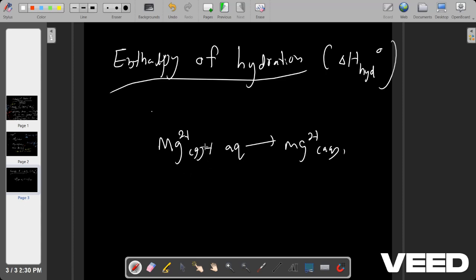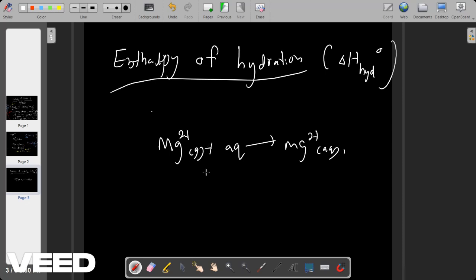What about the state here? The state of the reactant. It's a gaseous ion, just like the standard lattice enthalpy we discussed. We talked about ions getting dissolved, forming a lattice. Write the definition for this.